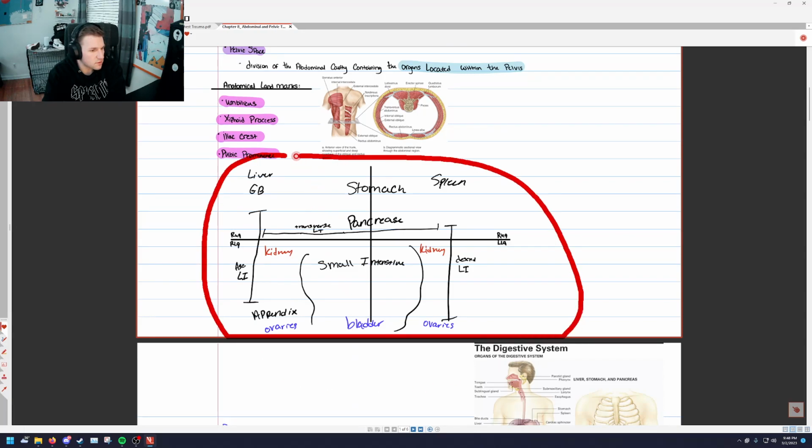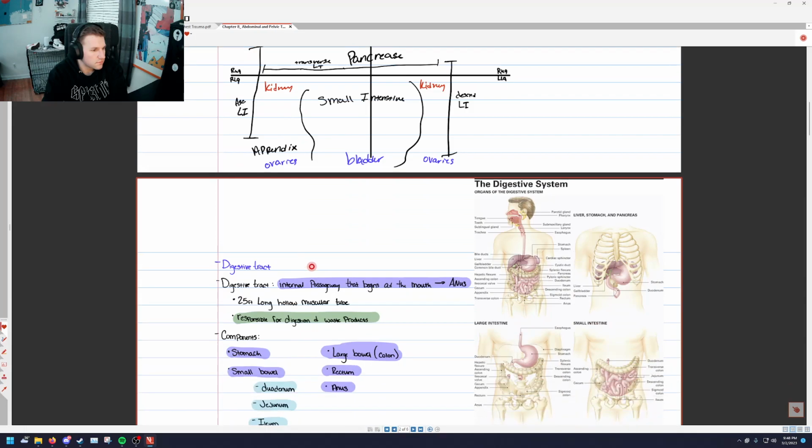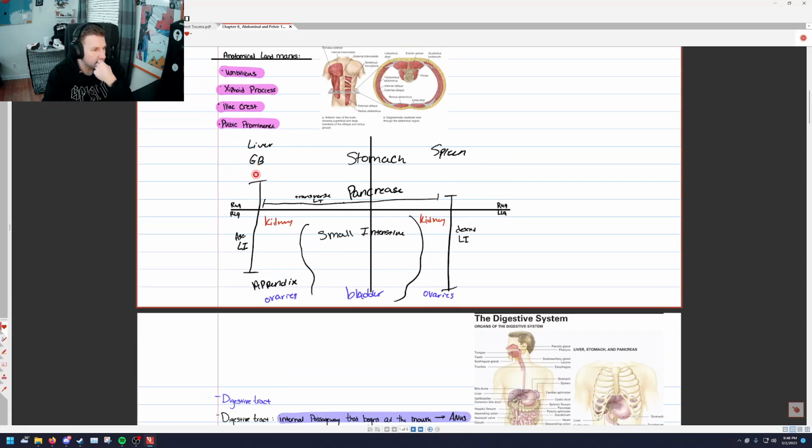Definitely memorize this little chart right here, just so if they tell you, patient has pain on the upper right quadrant on palpation, you have evidence of Murphy's sign. We can suggest that the liver, you know, something ain't doing too hot. Or cholecystitis. That's what it is.